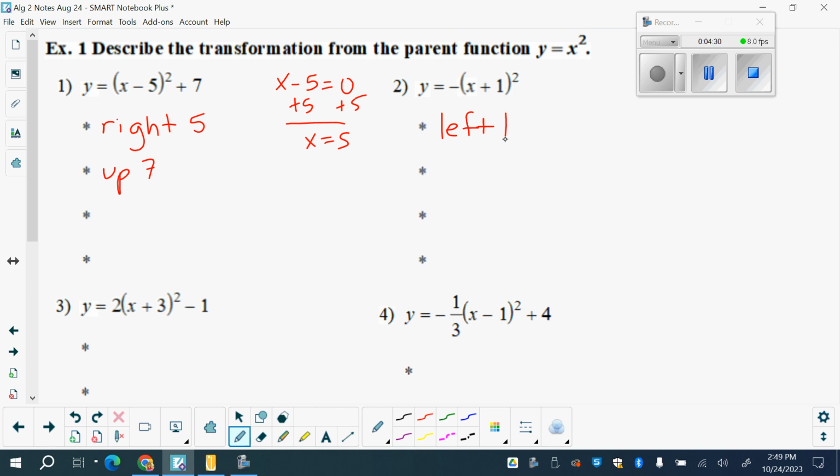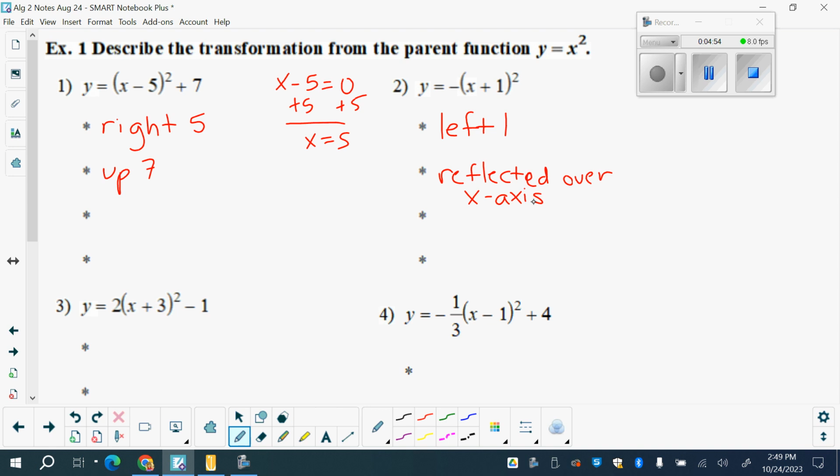And then the negative on the outside? Yes. You can say reflected, you can say mirrored. You can't say flipped because that's not specific enough. That make sense?